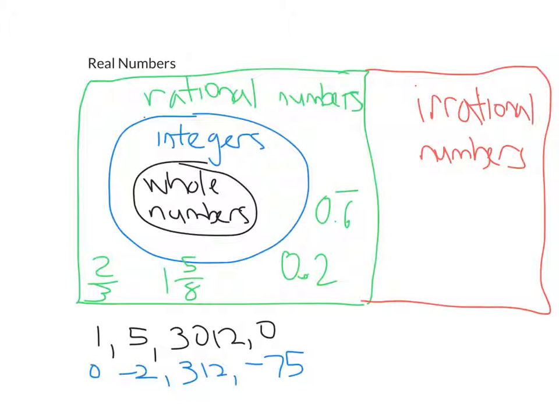Now we get to the new ones, and those are irrational numbers. Irrational numbers are ones that are square roots, primarily for this lesson. So the square root of 5, if you plug it into your calculator, you're going to see that it has no end, or at least it just ends when the calculator ends, but there's no clear pattern to it. It goes on forever.